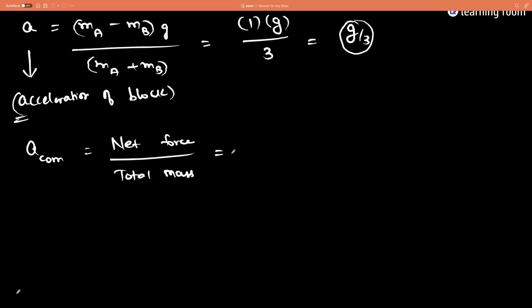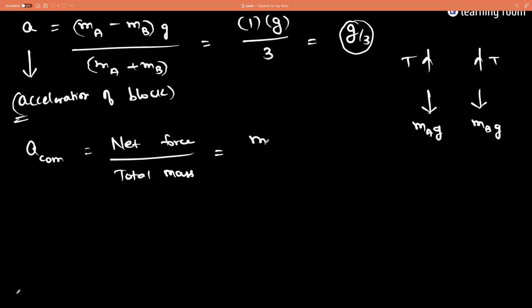So listen. The acceleration of the center of mass is net force divided by the total mass. So what is going to be the net force that is acting? M_A g is acting downwards, M_B g is acting downwards. One tension is acting in the upward direction, the other tension is also acting in the upward direction.